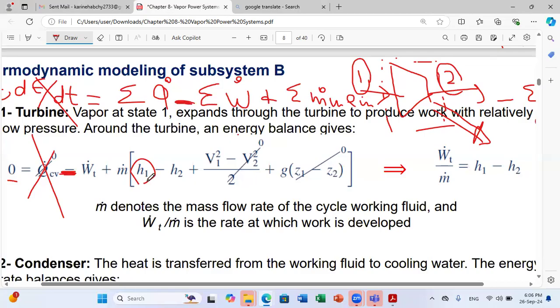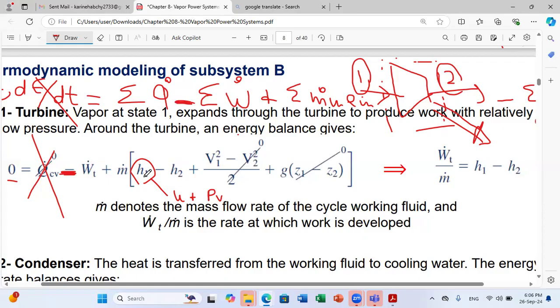The enthalpy represents U, the internal energy, plus pressure times V. If we combine the work of pressure forces and the internal energy together, we get the enthalpy.